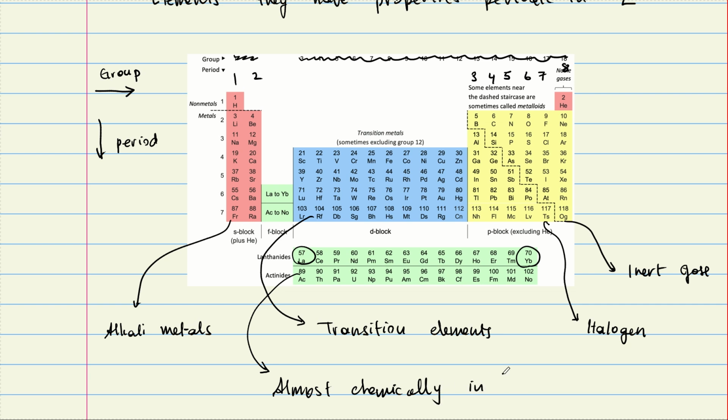That means they are almost the same thing, and we call them lanthanides. So we also understand why they are chemically very similar.